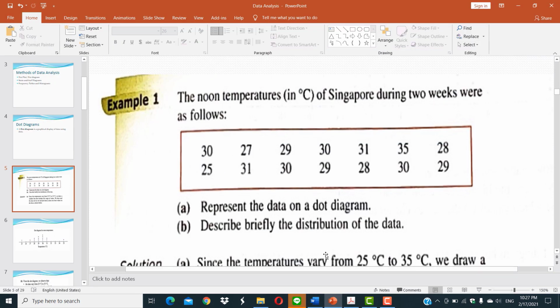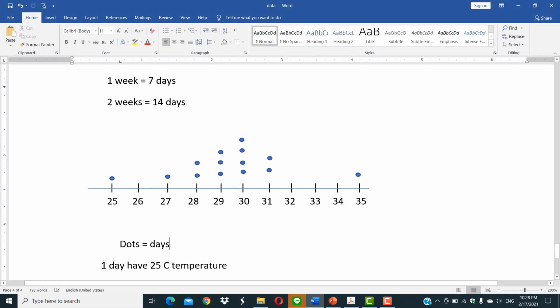During 2 weeks, which is 14 days, there are 1, 2, 3, 4, 5, 6, 7, 8, 9, 10, 11, 12, 13, 14, total 14 dots.